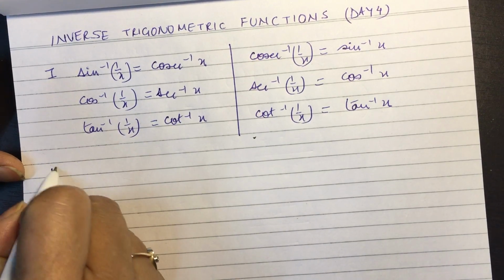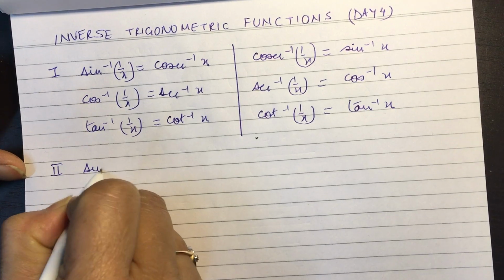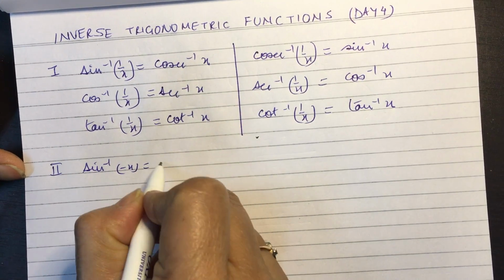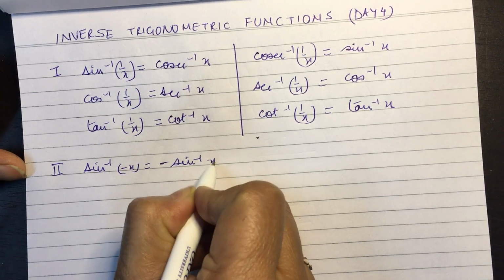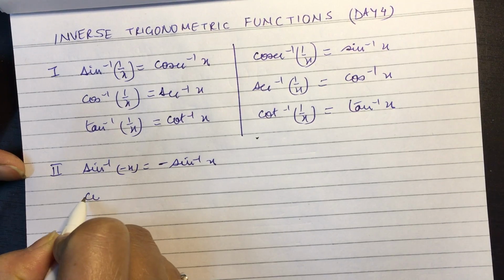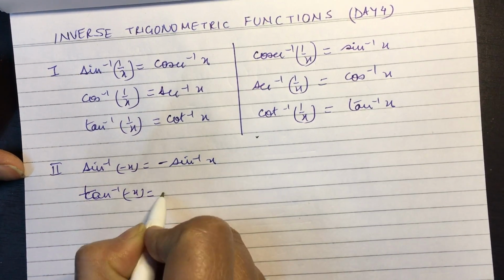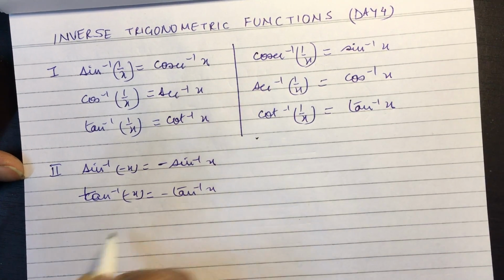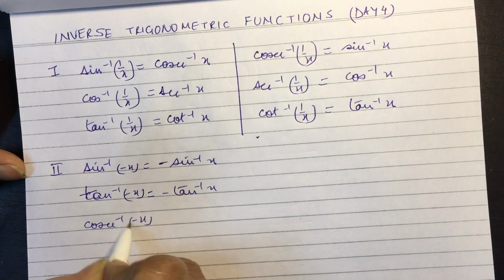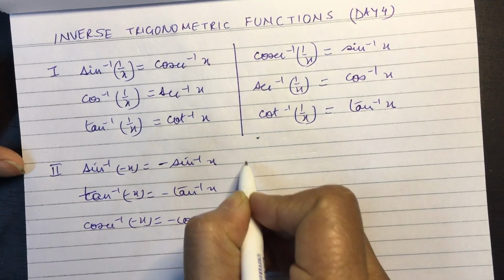Similarly, the next set of properties were sine inverse of minus x is equal to minus sine inverse x, tan inverse of minus x is equal to minus tan inverse x, cosec inverse minus x is equal to minus cosec inverse x.